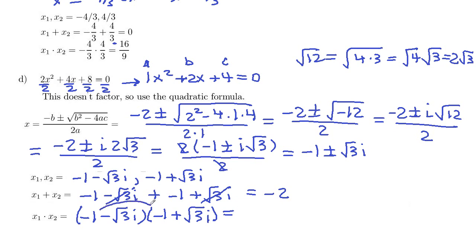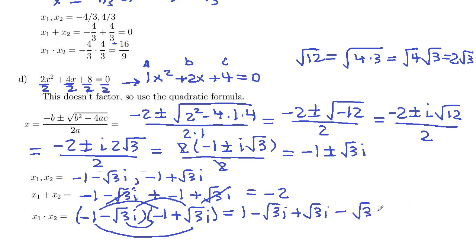So first terms, 1. Outer terms, minus root 3 times i. Inner terms, negative times negative, positive root 3 times i. And then the last terms, negative times positive, negative, and then it'll be root 3 times i quantity squared, because there's 2 of them. So the negative root 3i, positive root 3i cancel out, so we're left with 1.